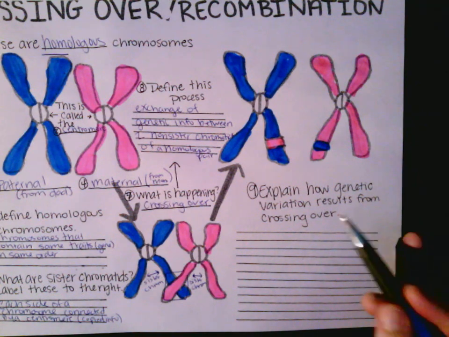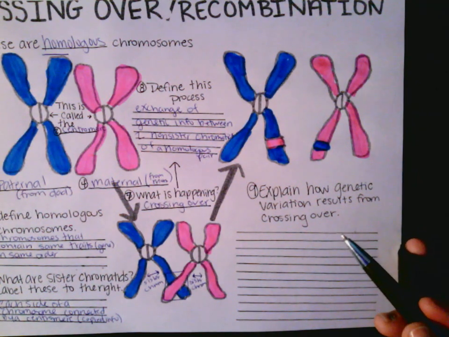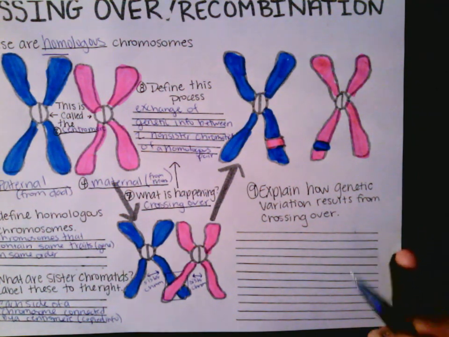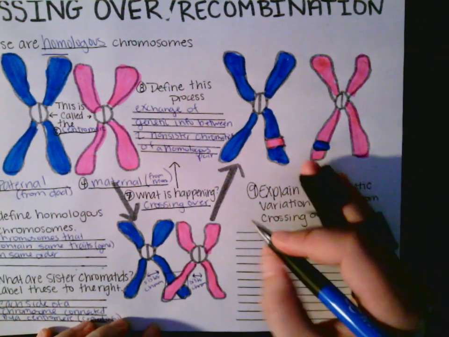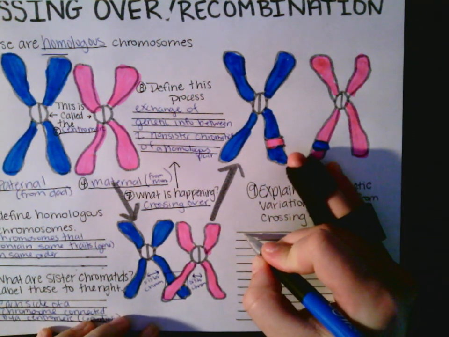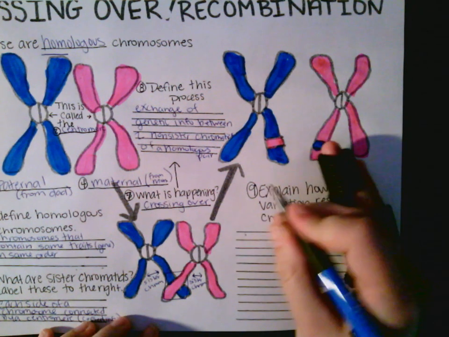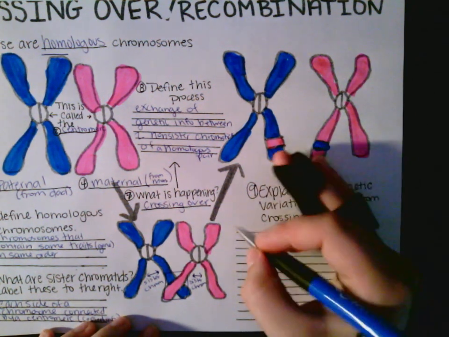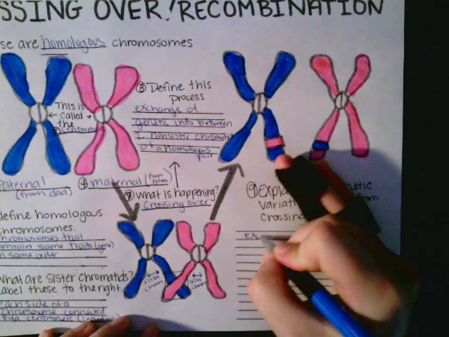Now number 9 says, explain how genetic variation results from crossing over. And we know that this happens because we have this combination, or this exchange of genetic information.